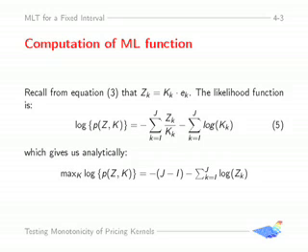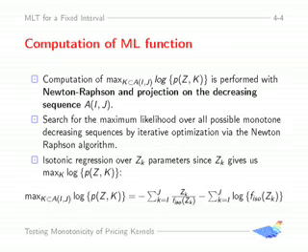Which is much more tricky is to compute the maximum of the reduced model, when k is a monotone decreasing function. This is performed with the help of the Newton-Raphson algorithm and projection on a decreasing sequence. We do this projection with the help of isotonic regression, which means that each time we build an isotonic regression and optimize the values with the Newton-Raphson algorithm.